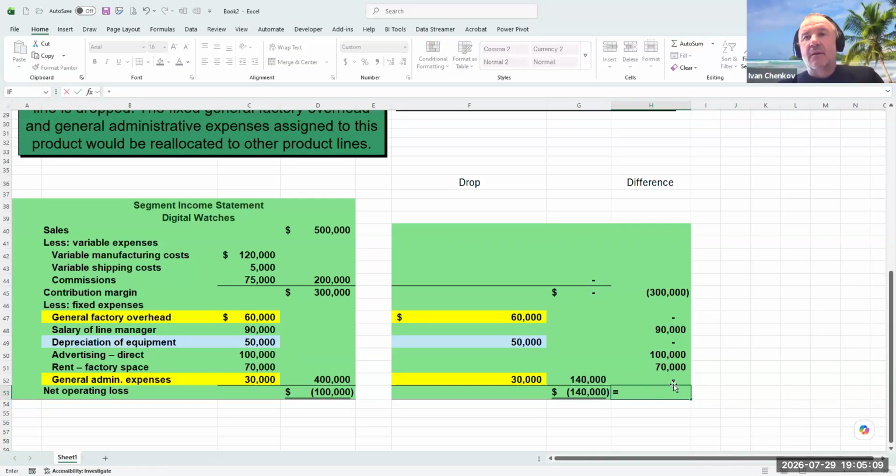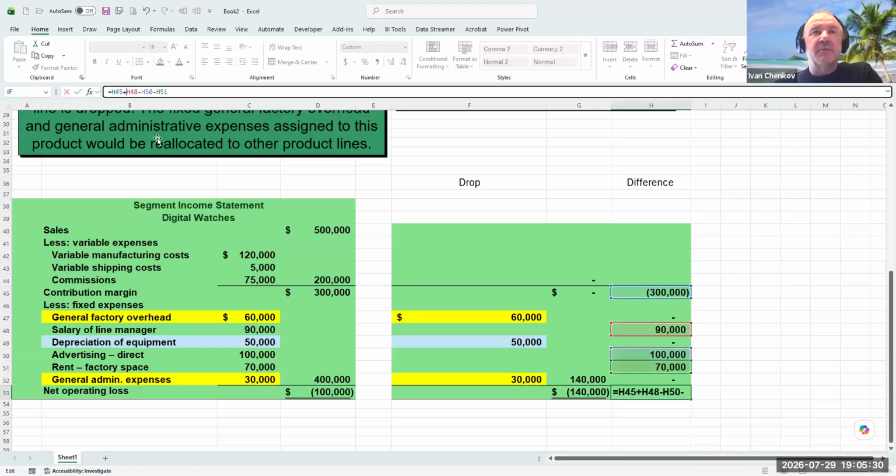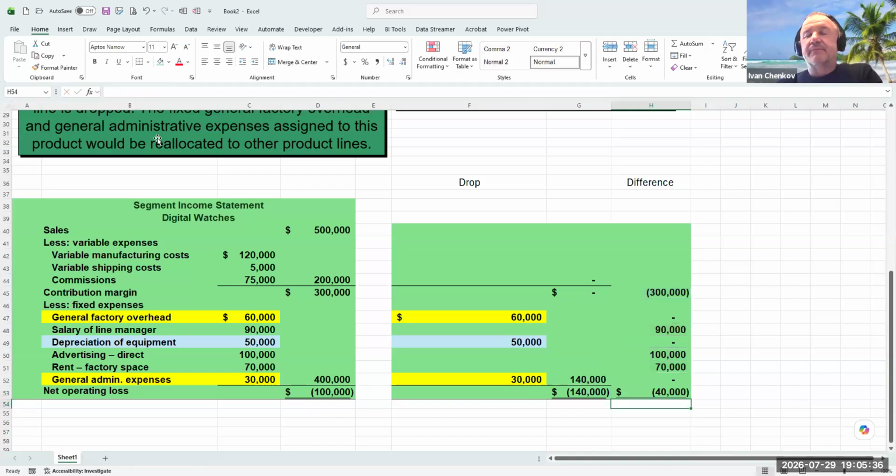Well, we are losing 300,000, but we're saving 90, and 100 is another saving. Oops, that's too much. Minus, minus, minus, that will in that case be plus, so that's saving. That is saving, and that is saving.